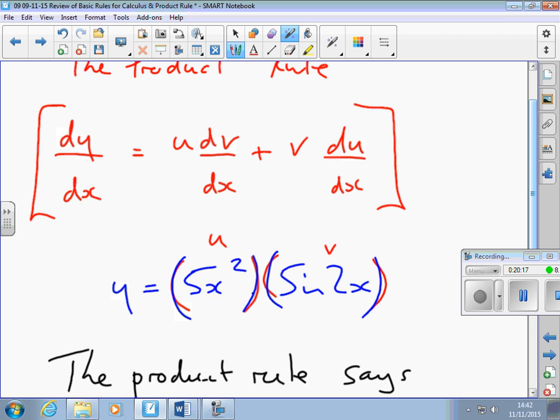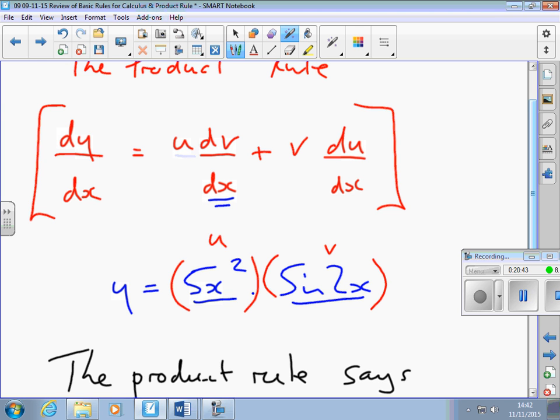What I do is I let one function be u. So the 5x squared I'm going to call u, and the sine 2x I'm going to call v. It actually doesn't matter which way around you do it, but I usually do it in order, u and v. Then this product rule tells me I take the first function, u, which is 5x squared, and multiply that by the differential of v, which is this.